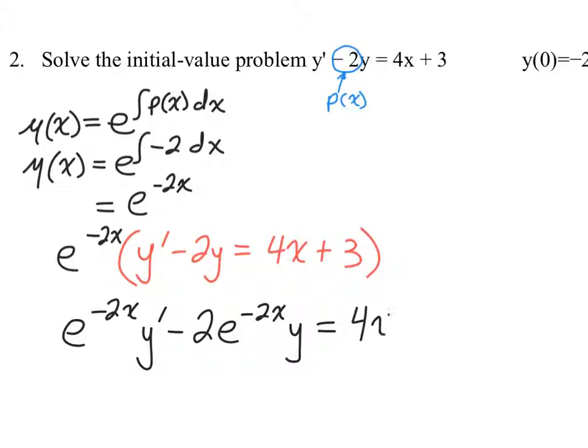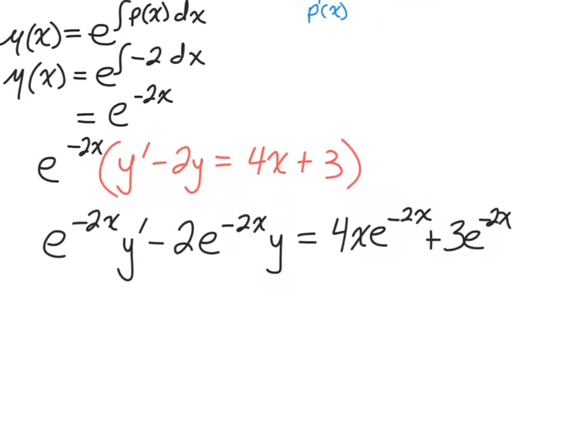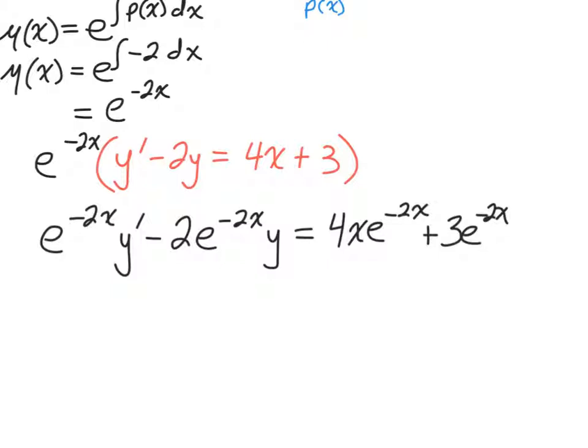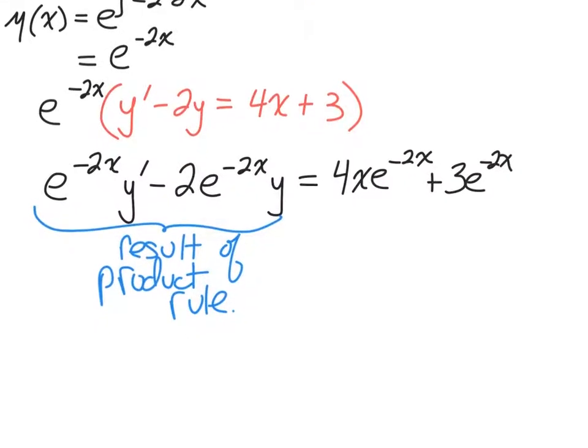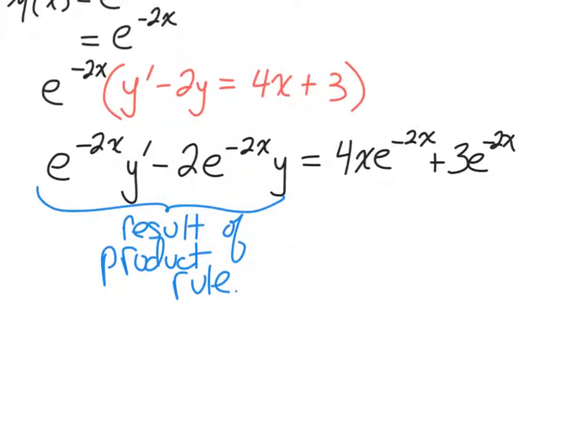Then 4x e to the -2x plus 3e to the -2x. All right. It looks like the situation got much worse, but if you carried out the process correctly, the left-hand side is the result of the product rule. It's just a matter of picking out that product rule.